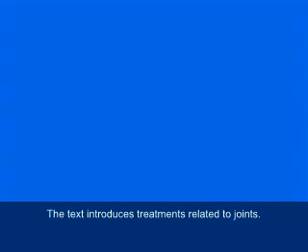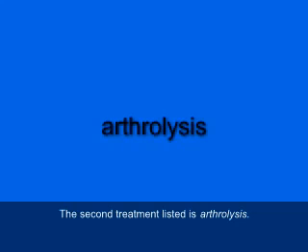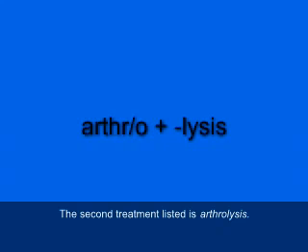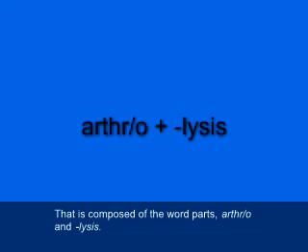Now, if you flip ahead in your textbook, look on page 79. The text introduces treatments related to joints. The second treatment listed is arthrolysis, A-R-T-H-R-O-L-Y-S-I-S. That's composed of the word parts arthro, A-R-T-H-R-O, and lysis, L-Y-S-I-S.